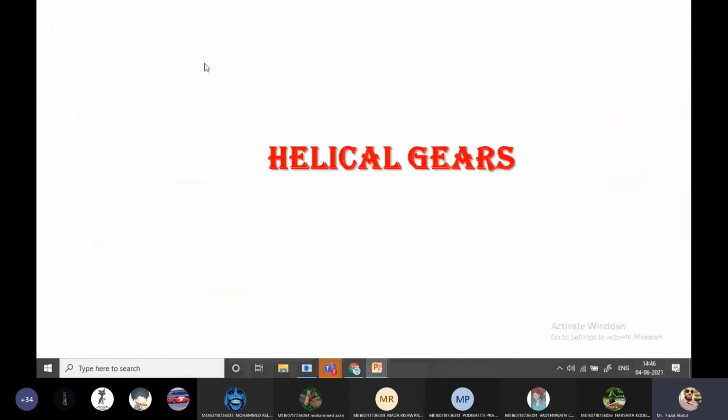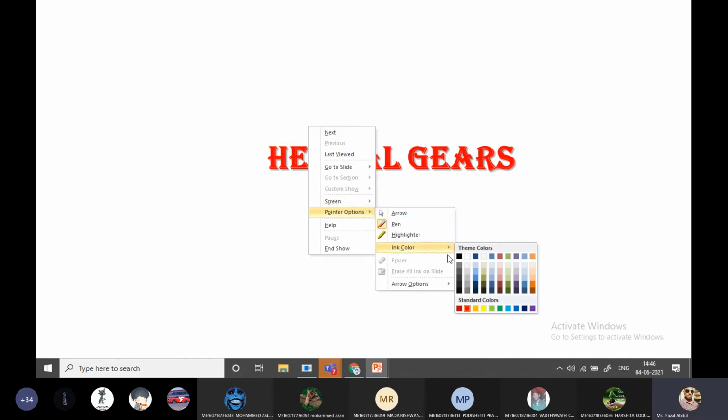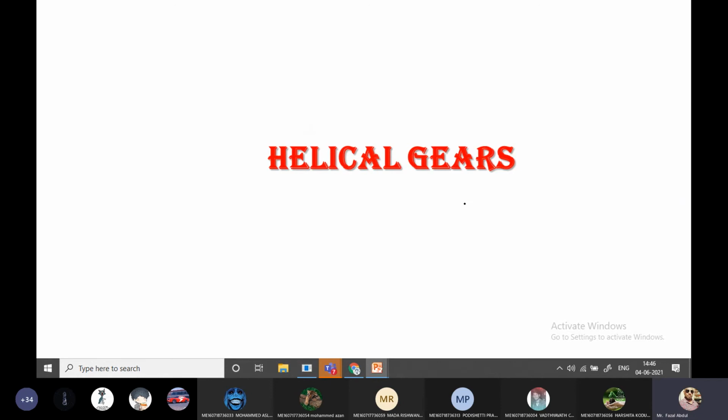If we go to the classification based on the position of the axis, if the gear axes are parallel with each other, suppose this is the driver axis and this is the driven axis, both axes are parallel to each other, that is the parallel category.